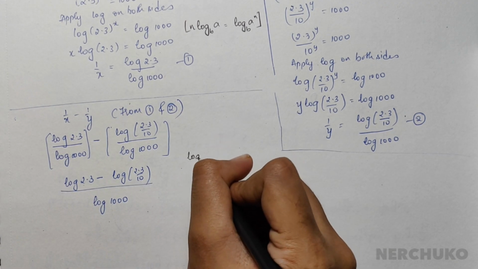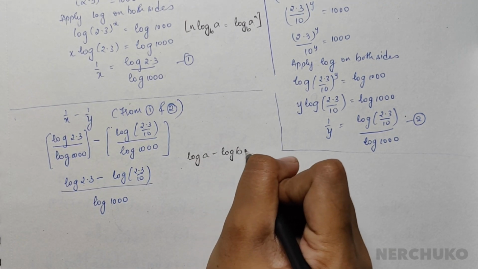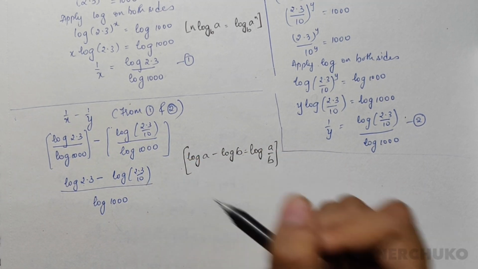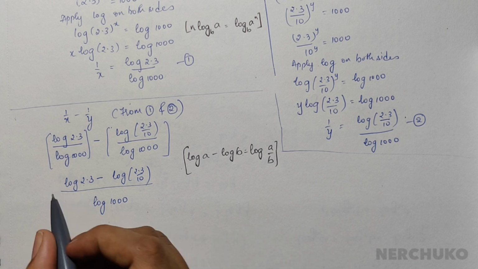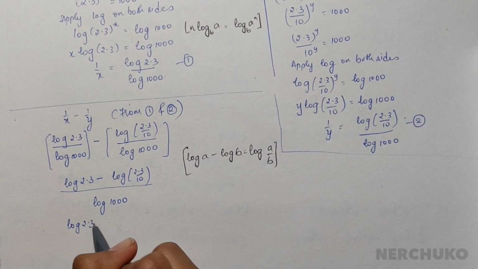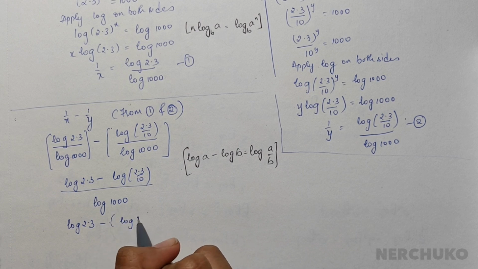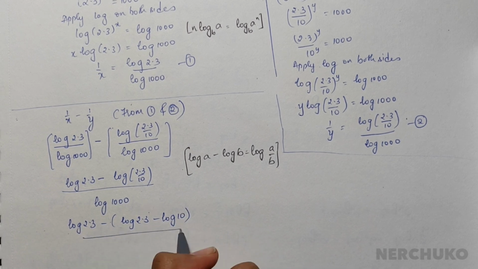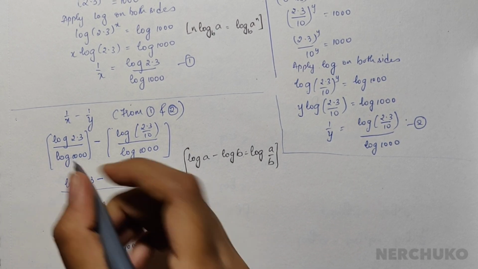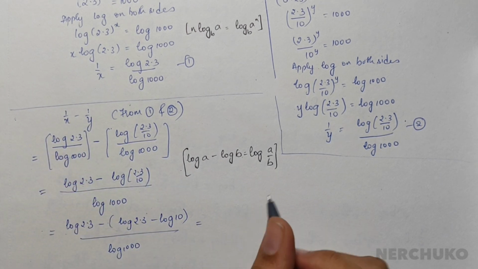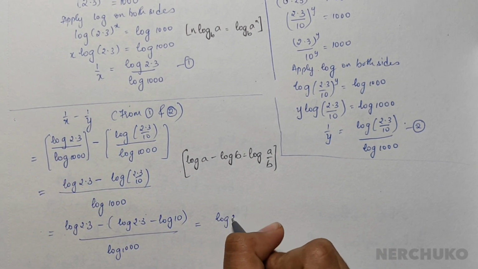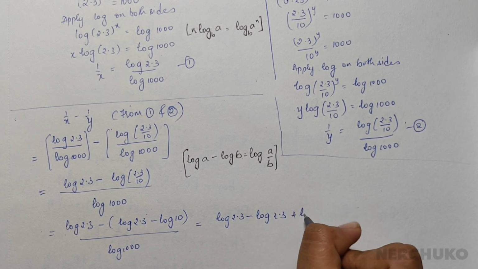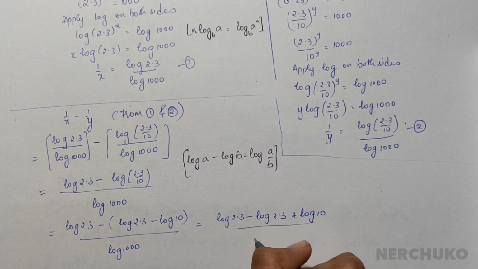Now we have the formula log a minus log b equal to log a divided by b. Let me use this formula for this log 2.3 divided by 10, and I would have log 2.3 minus log 2.3 minus log 10, by log 1000, is equal to log 2.3 minus log 2.3 plus log 10 whole divided by log 1000.